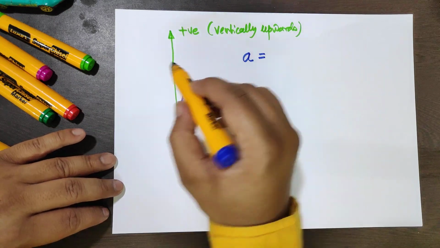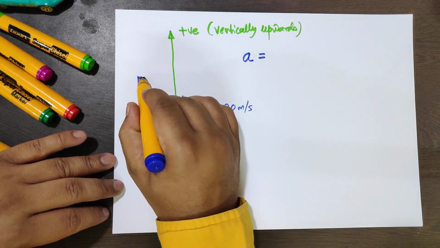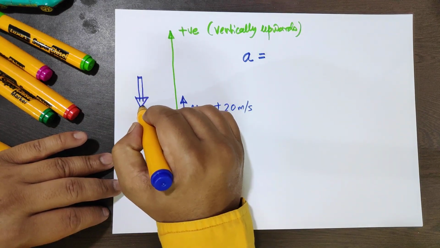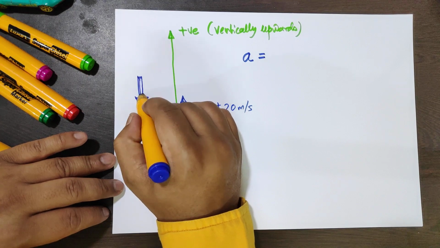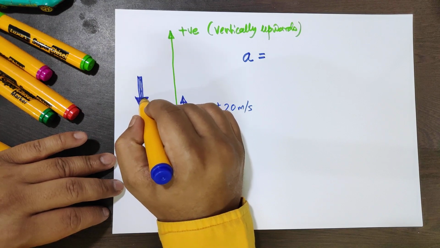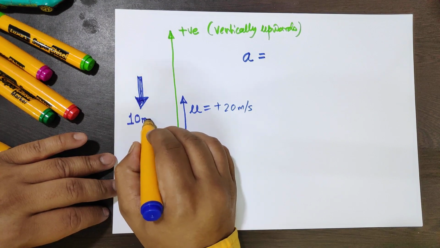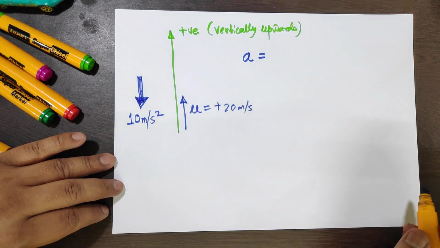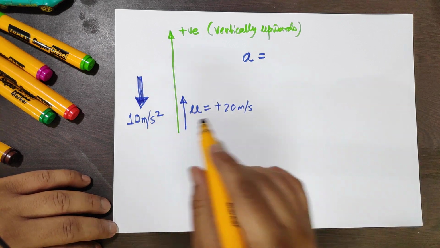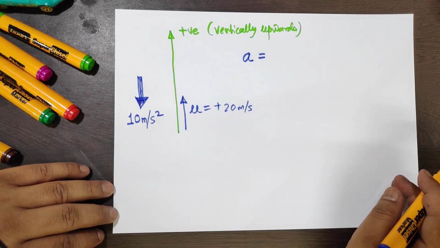The acceleration is always g downward, right? G is a magnitude, g doesn't have sign, so g is 10 meter per second square.